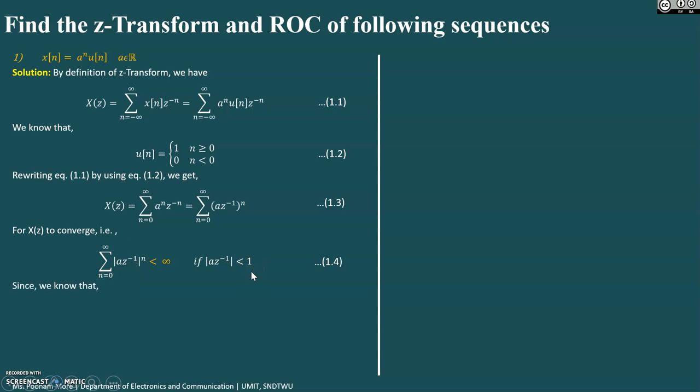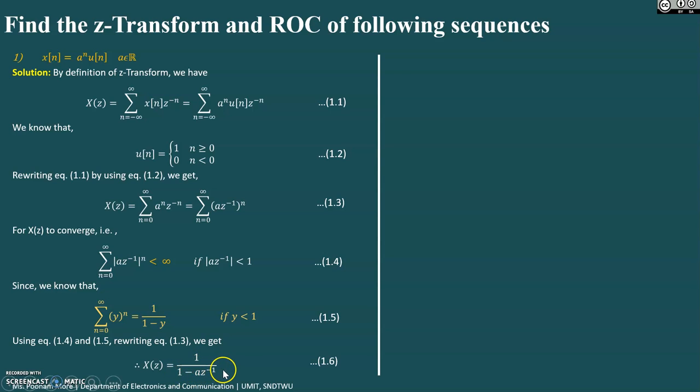For such a case, we have a mathematical expression: the summation of y raised to n, where y is a term less than 1, is equal to 1 upon 1 minus y. Therefore, using this expression and this condition, we can write x of z, the Z transform for the given sequence, as 1 upon 1 minus a z inverse.